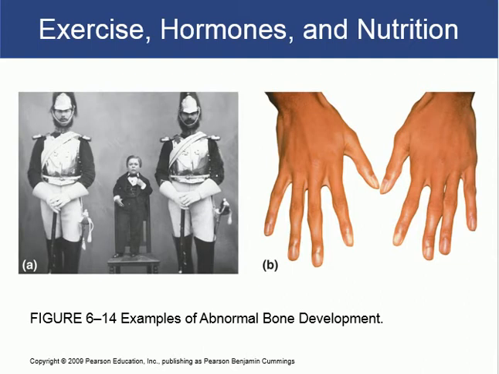Acro means extremities. Megaly means large. So acromegaly is something like this. See these fingers? The fingers can grow longer. Look at this picture here. These are the fingers of somebody who's having acromegaly. And the classic example is Abraham Lincoln.